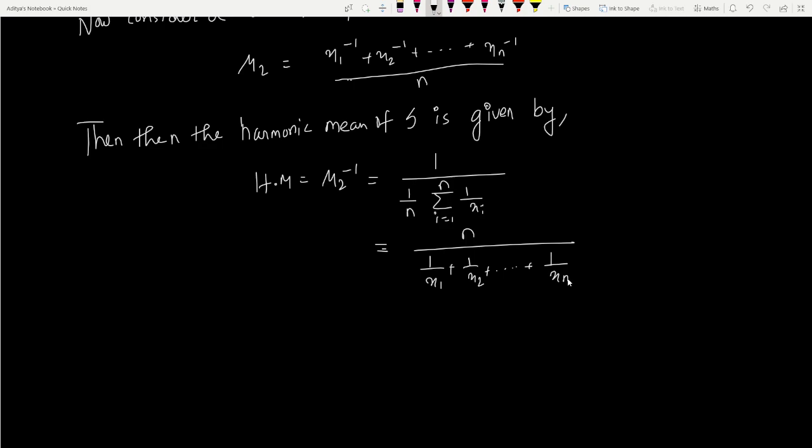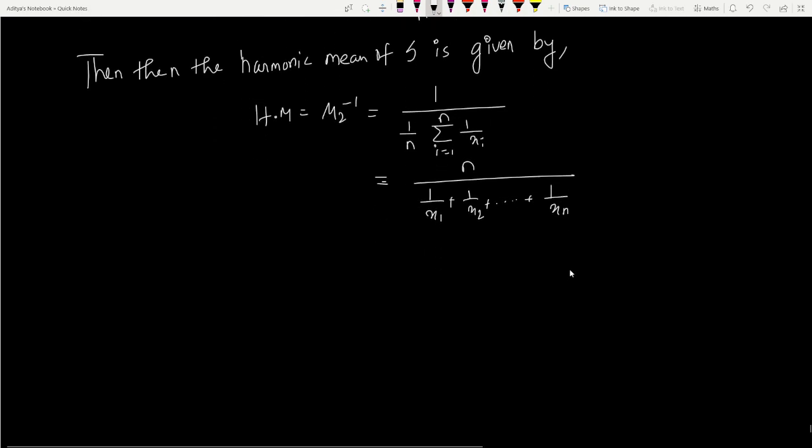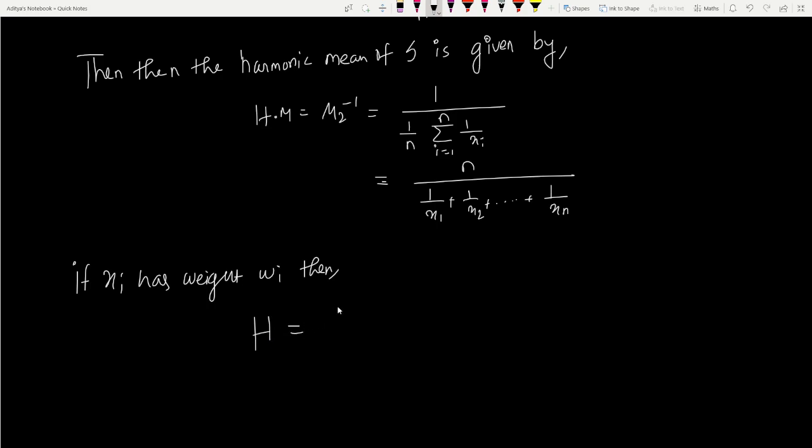And that is how the harmonic mean is defined. And even if you have weights, there is another case where you have the weighted harmonic mean. So if xi has weight wi, which is basically the frequency, then the harmonic mean is defined as summation i equals 1 to n of wi divided by summation i equals 1 to n of wi by xi.